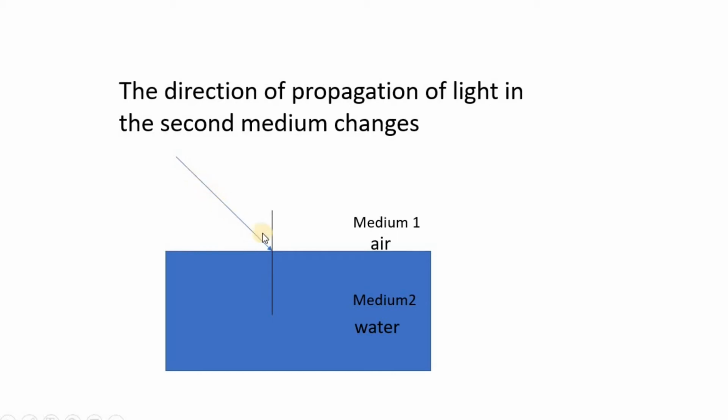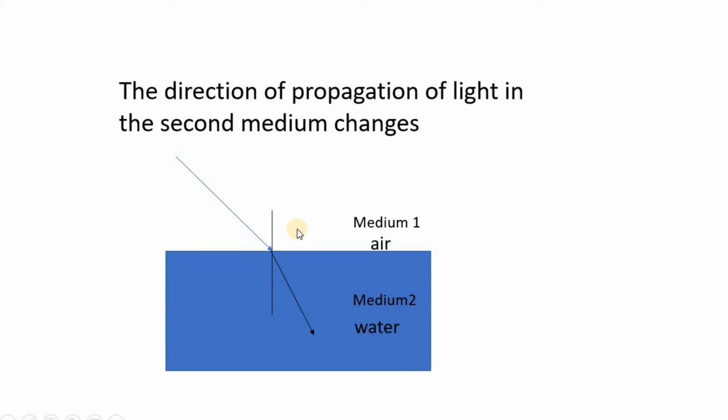When a light ray is incident on the surface of separation, what happens? It gets refracted into the water. Actually, it would go like this, but due to the property of light, refraction, its direction of propagation changes. You can see a slight deviation here.